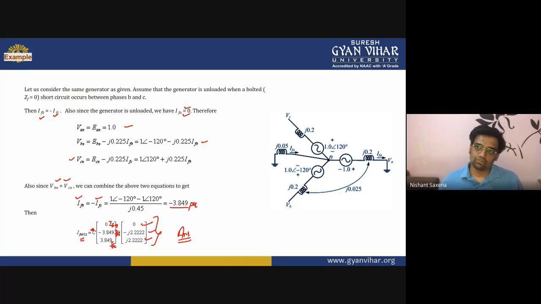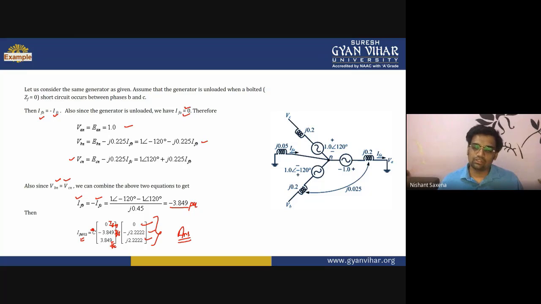Okay, so basically we have calculated the fault values of current for phase A for the zero, positive and negative sequence components, and we have seen that the zero sequence component in case of line-to-line faults is equal to 0, and only the positive and negative sequence components will exist.